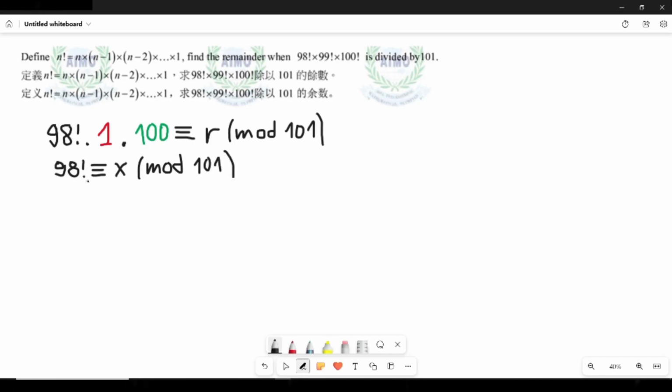What we can do now is simply multiply by 99, which on the left-hand side of the congruence will give us 99 factorial, which is congruent to 99x modulo 101.